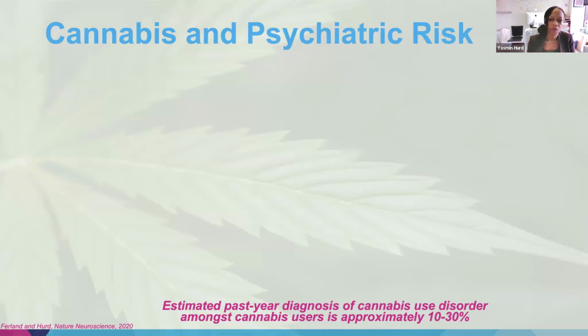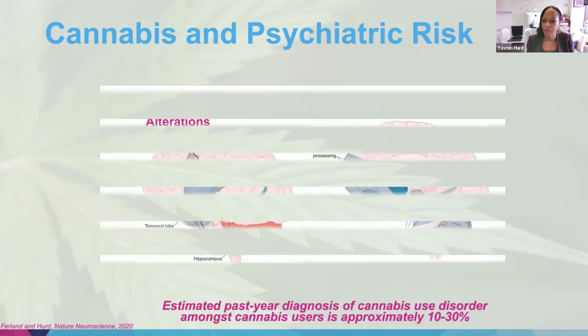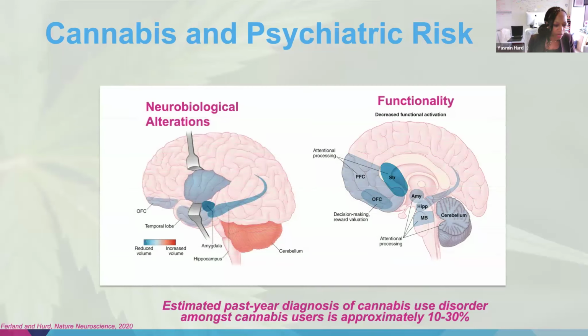However, even of the 70% who don't, at least half of them do develop other challenges relevant to health risk. Again, I'm focusing on psychiatric risk. Neuroscience is my field, and we can see that in the brains of individuals who develop cannabis use disorder, there are structural biological changes and functional changes in these brain regions, studied with neuroimaging techniques, that actually resemble changes seen with other substance use disorders, even cocaine and heroin.